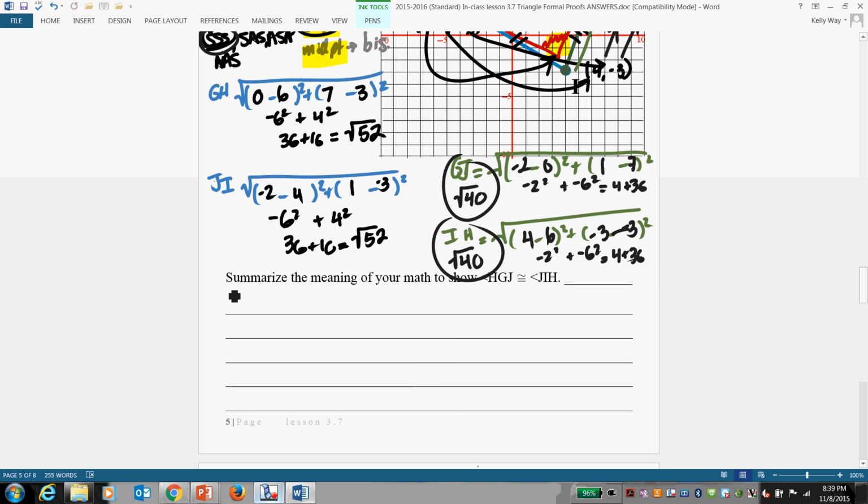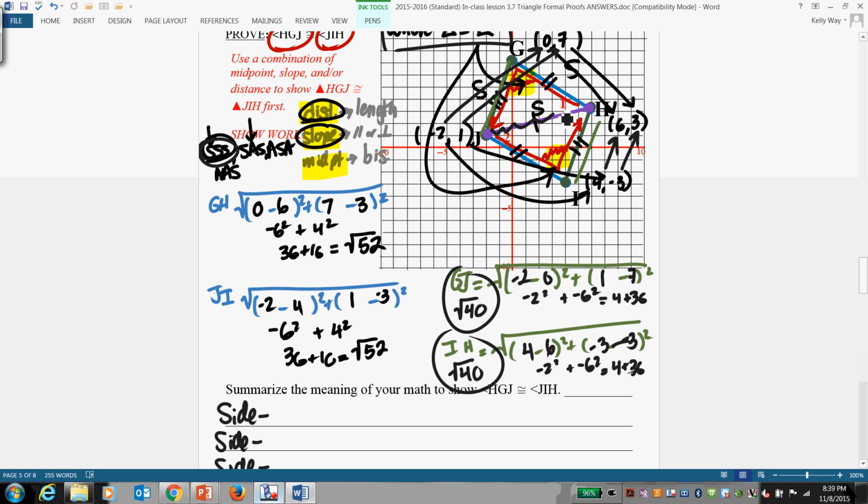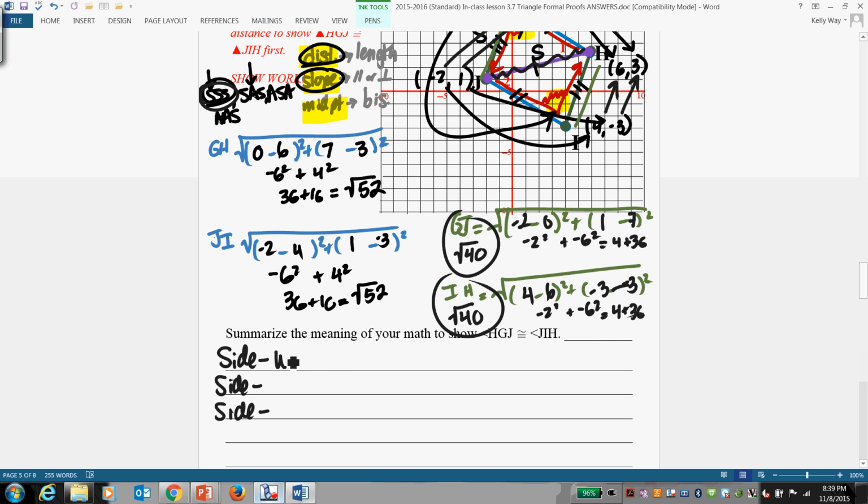This is easier to write out if you start with where you're going. We're going for side, side, side. Step number 1 is the fact that, let's get our freebie, that's the easiest. We know that JH is congruent to JH. Why do we know that? Because it's reflexive. That's our first side.